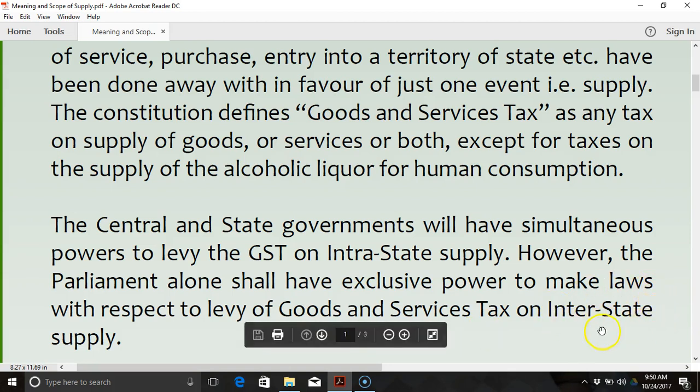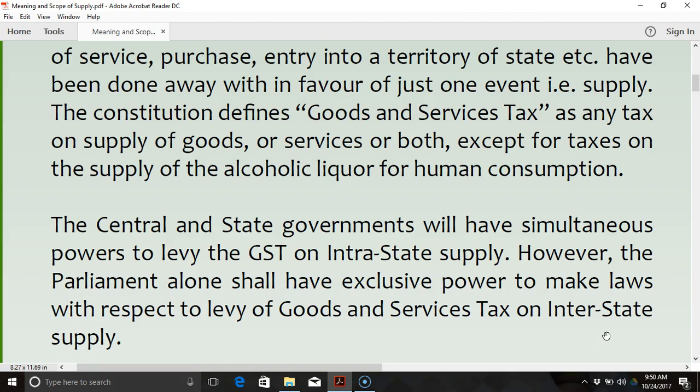Now we come to another word, interstate supply. Interstate means between two states. For example, a supply taking place between Tamil Nadu and Karnataka involves two states. So, that is a case of interstate supply, where two different states are involved in that particular supply.